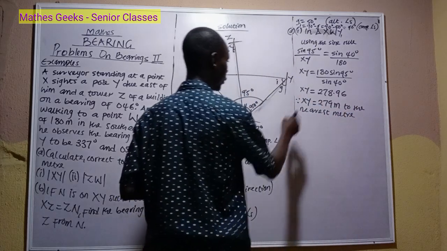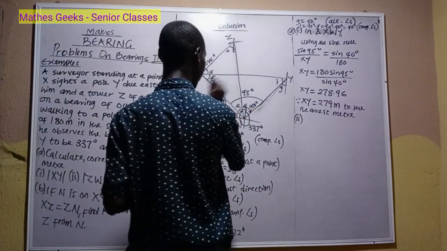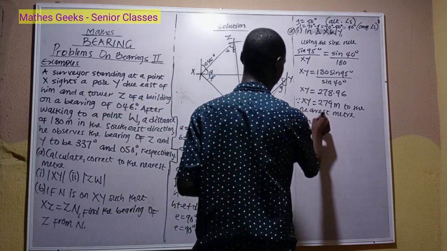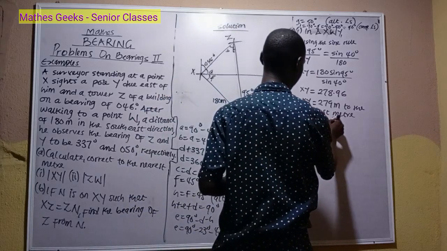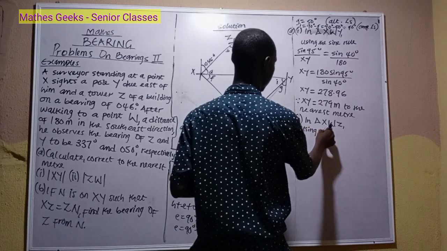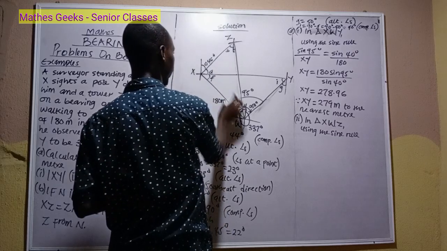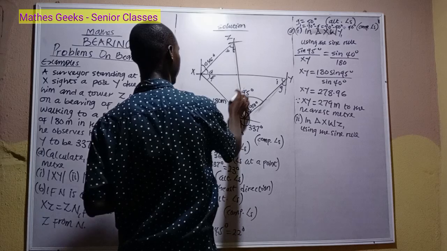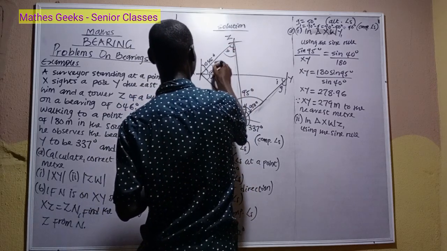So that's part 1. Part 2 says find ZW. So ZW is in triangle XWZ, using the sine rule. In triangle XWZ, this E is part of this triangle, and here we're going to add these two together, and here we're going to add these two together.